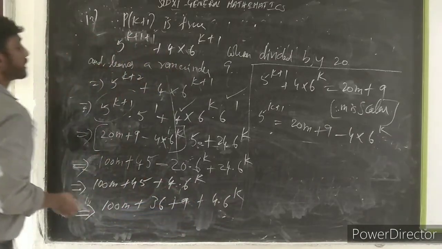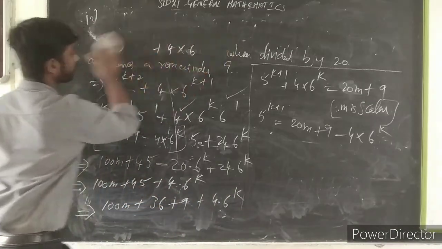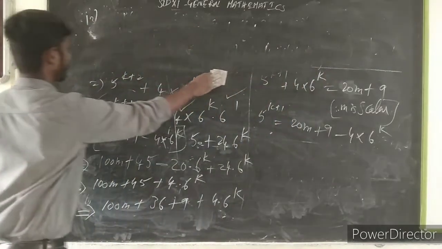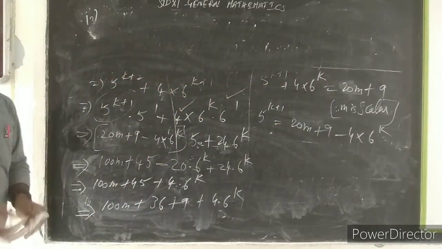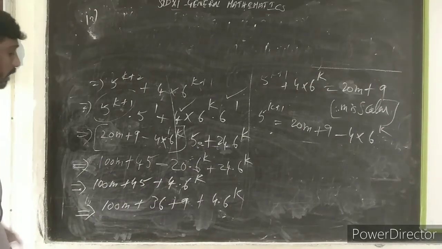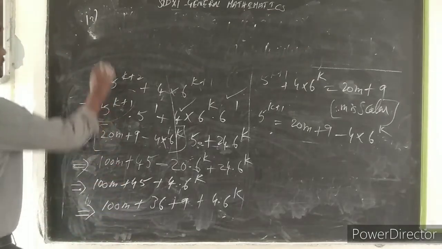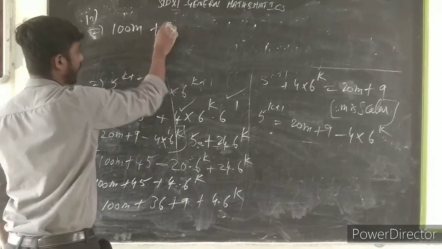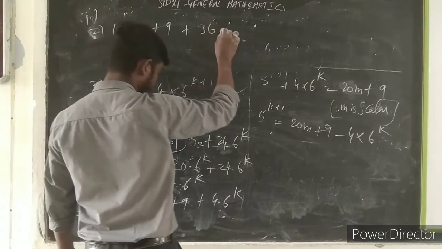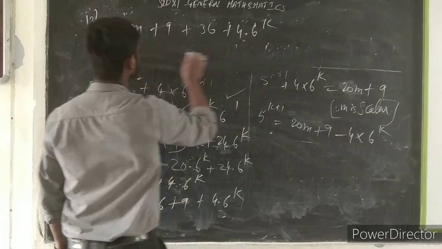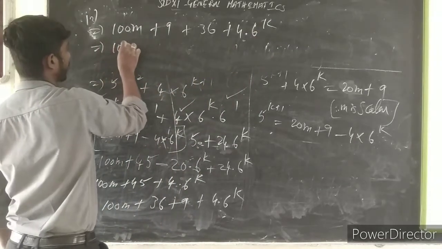Then here we will write it like this: 100m plus 9 plus 36 plus 4 into 6 power k. Here itself we are taking common values.